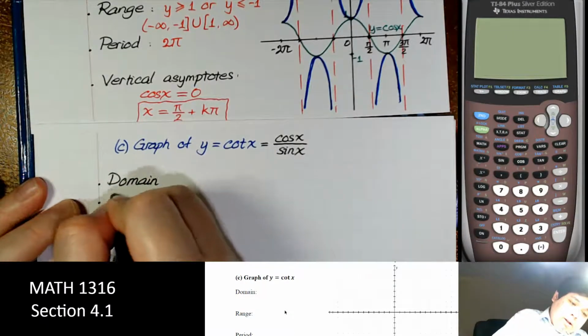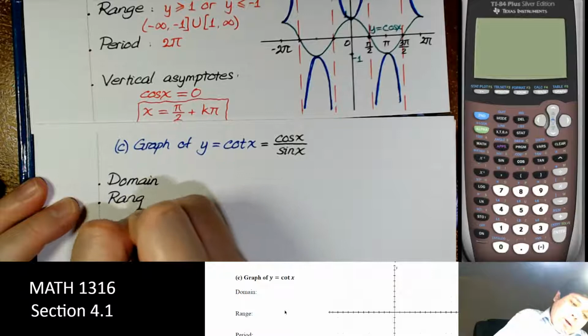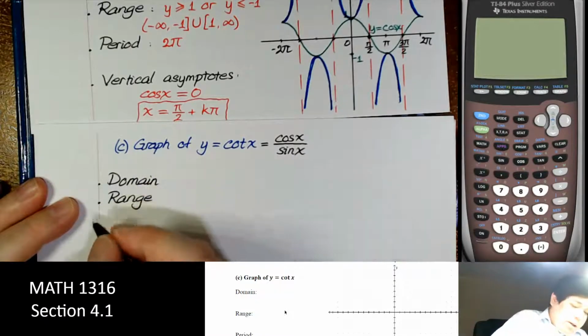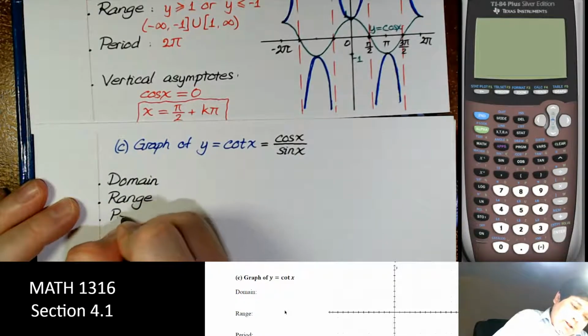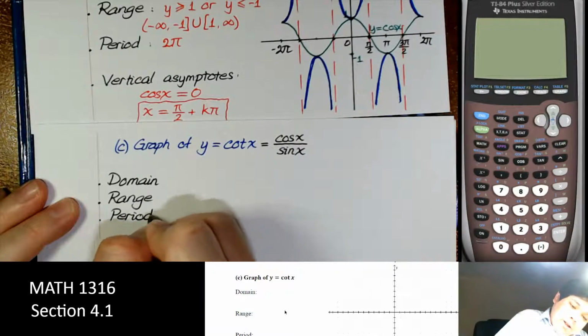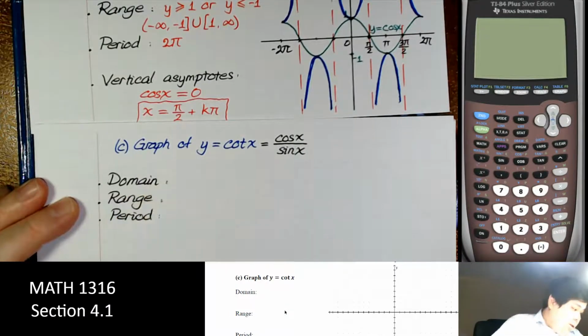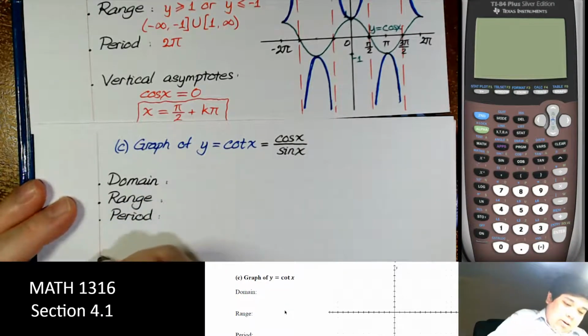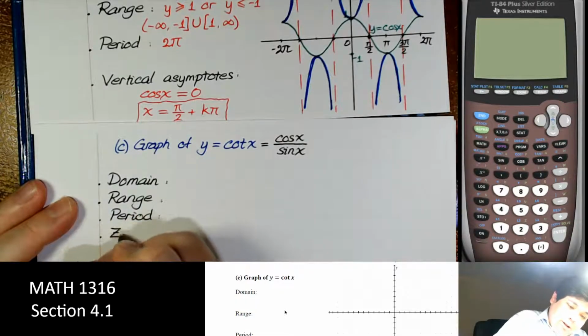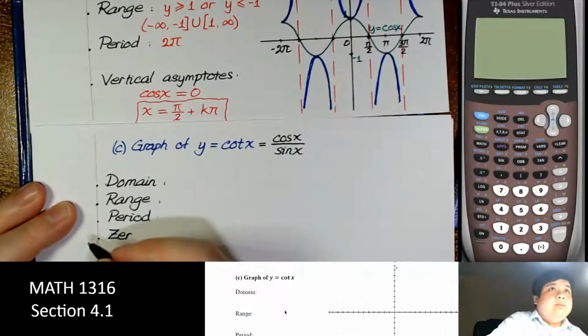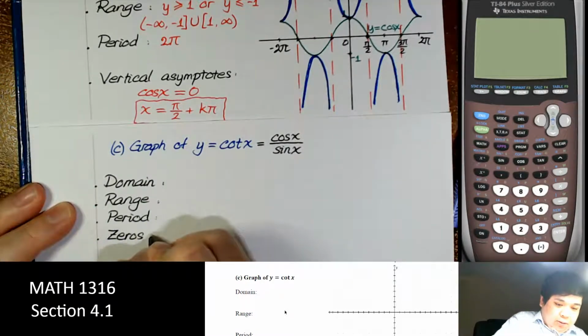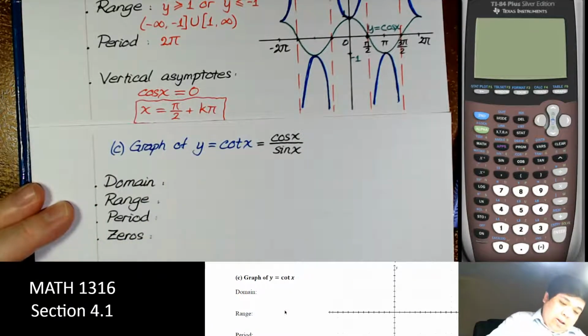Domain, range, period, zeros, and vertical asymptotes.